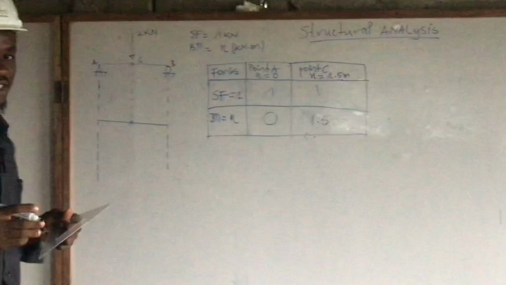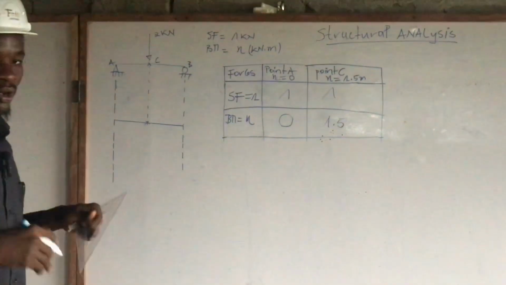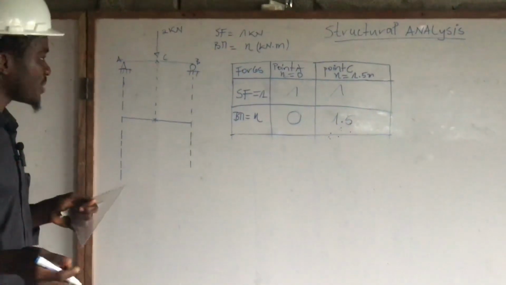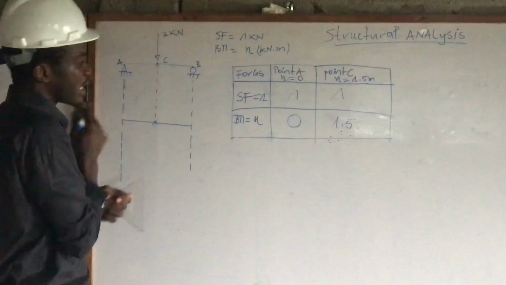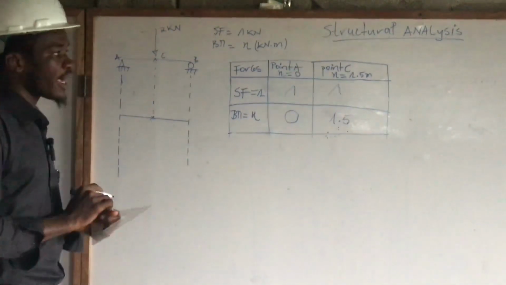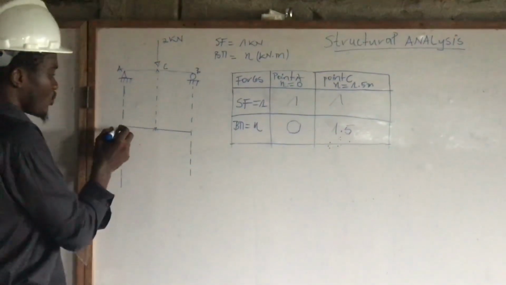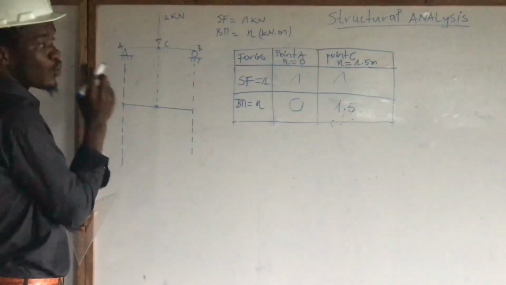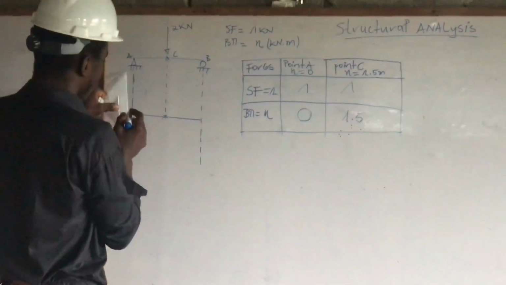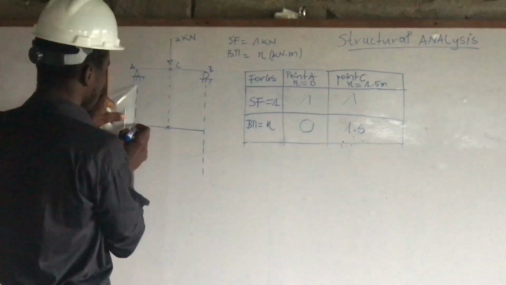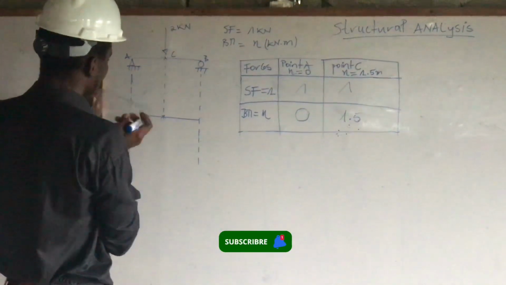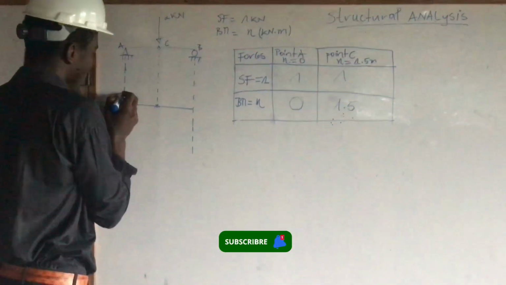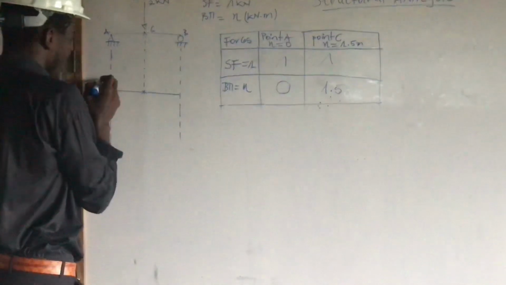We will start with the shear force diagram, and then the next diagram will be the bending moment diagram. For the shear force diagram, you can see that the shear force is constant. At x equal to 0, we are at 1. Let's consider from this projection of our structure to a certain height to be our 1.